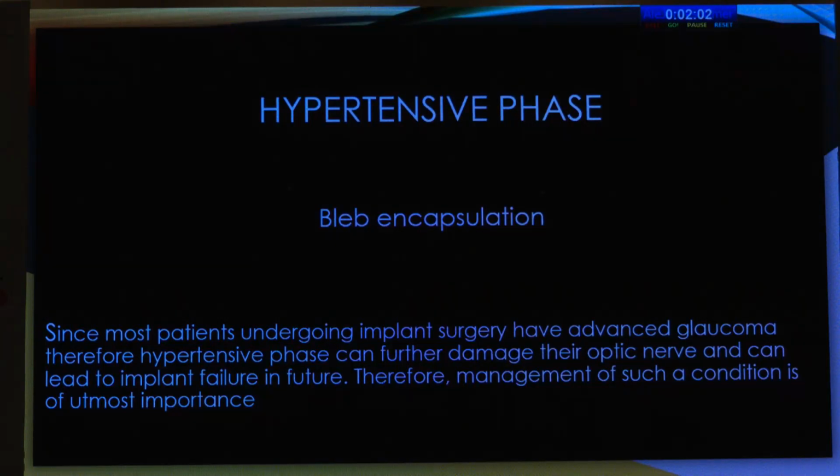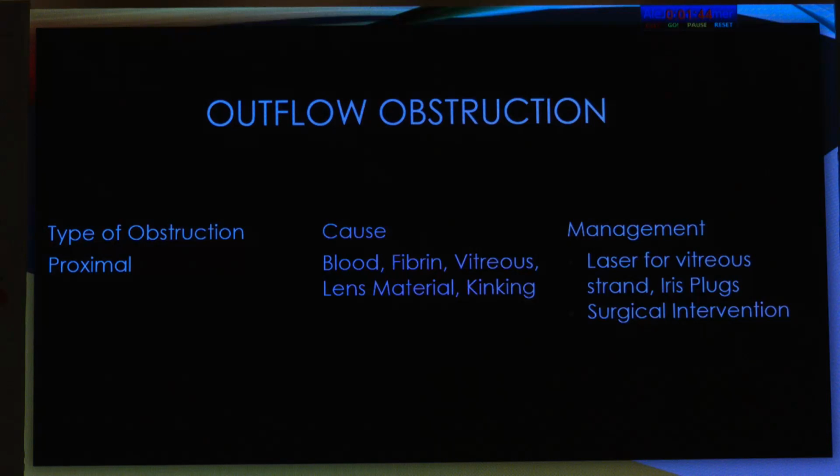Another aspect is the hypertensive phase, which is seen due to bleb encapsulation. We are worried about it because it can lead to further loss of vision, as these patients already have quite advanced glaucoma. Before we label a patient as hypertensive, we have to rule out outflow obstruction, which could be because of blood, fibrin, vitreous, lens material, or kinking.